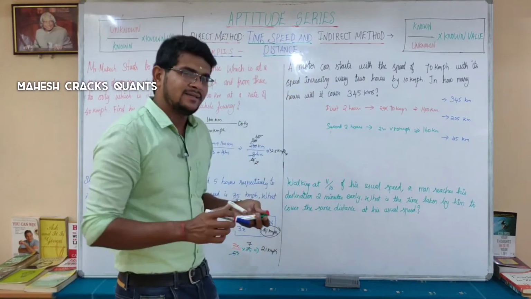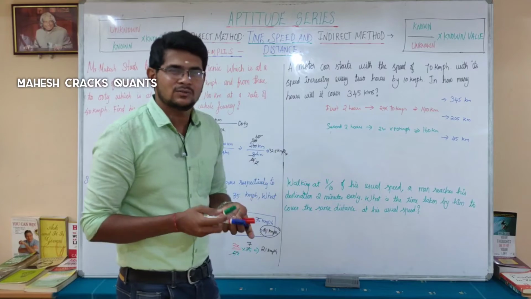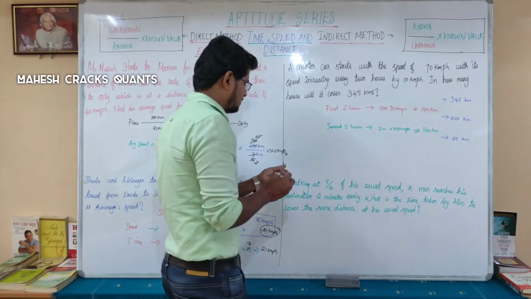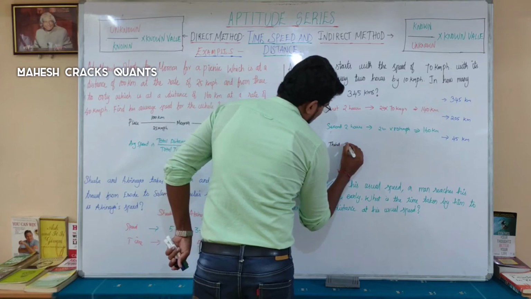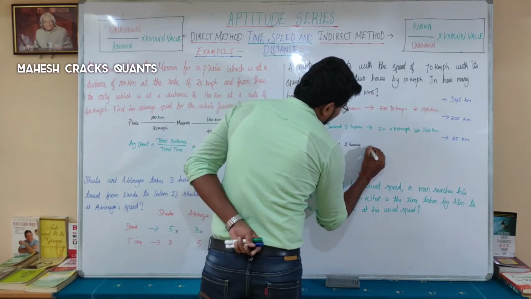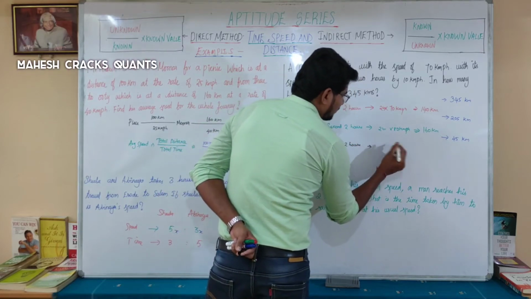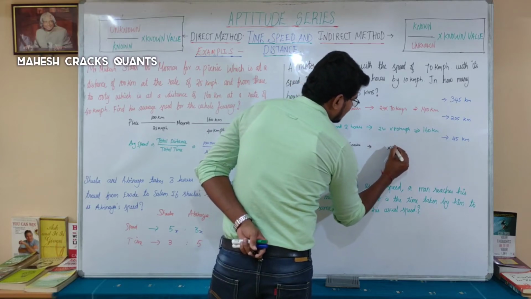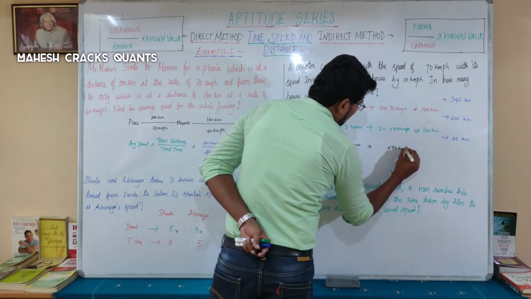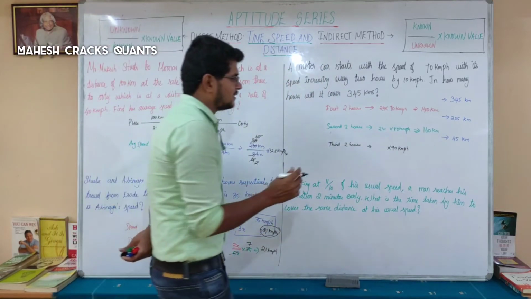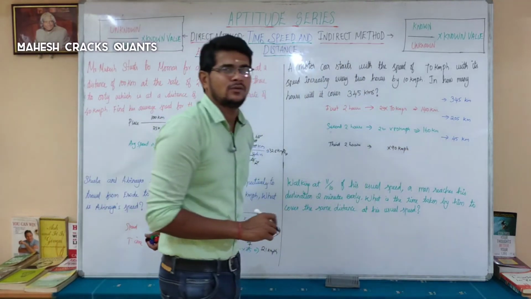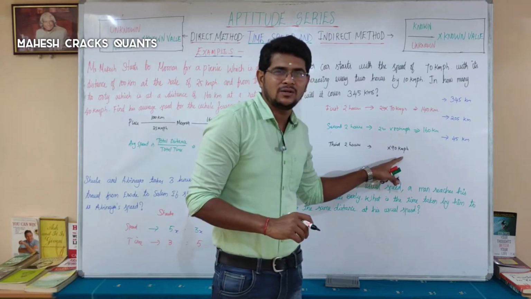So at the third 2 hours, what is the speed? Third 2 hours speed. So 2 hours with the speed of 90 km per hour, but I don't need 2 hours because I have only 45 km, which is less than 90 km.